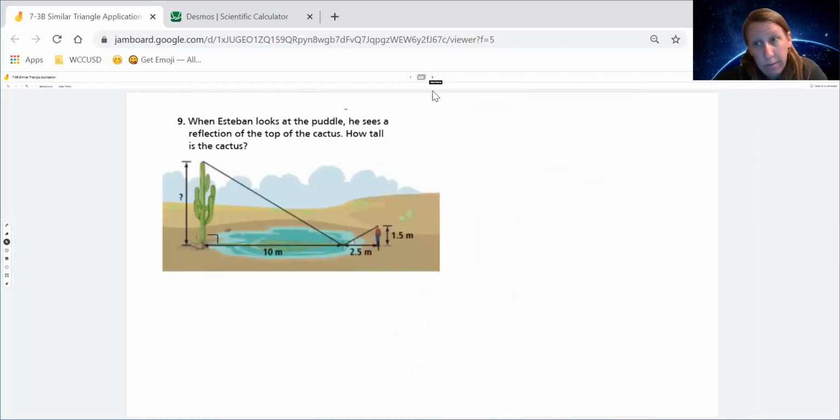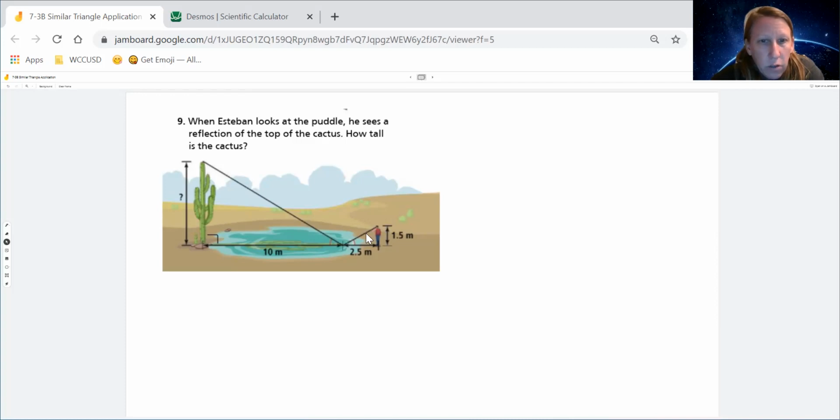Here's a cool one. Another way to indirectly measure tall things that you don't want to measure, like I don't want to measure this cactus, that would not be fun, is to use reflection. So in physics, the angle of incidence, it starts with an I. Maybe if you're taking physics, you can look it up.